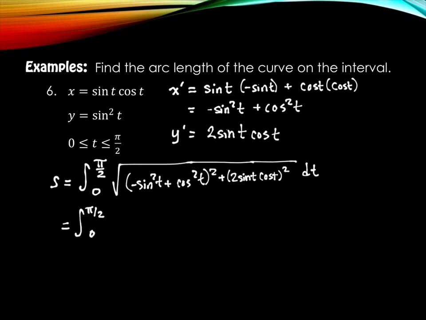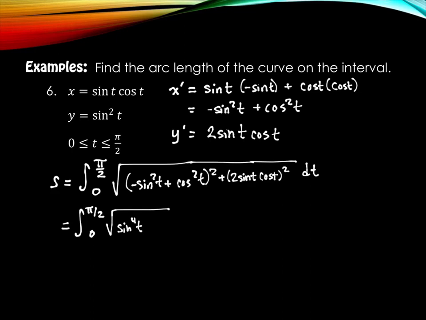Okay, so we need to simplify. We need to do some squaring. Remember, we need to multiply a binomial times itself. Don't just square each piece like my Calc 1 students continue to do with different things, right? It happens. It happens sometimes even otherwise, but we want to be careful. So we're going to get the same square root we had before. We've got now sine to the fourth of t.